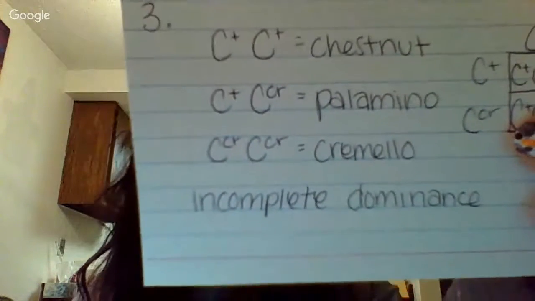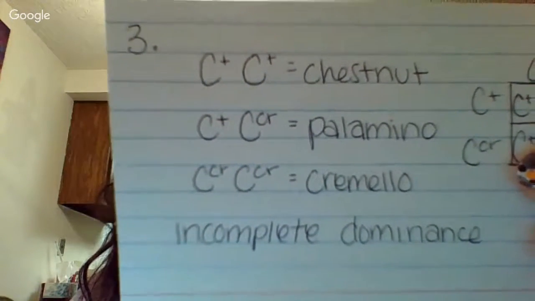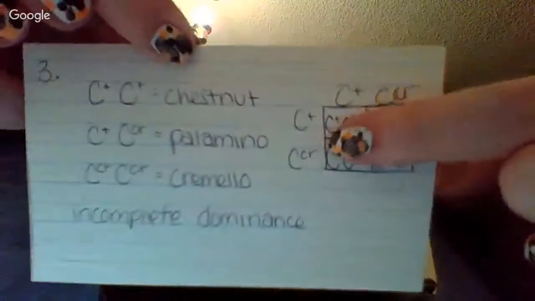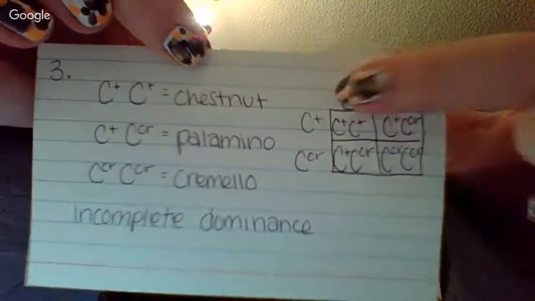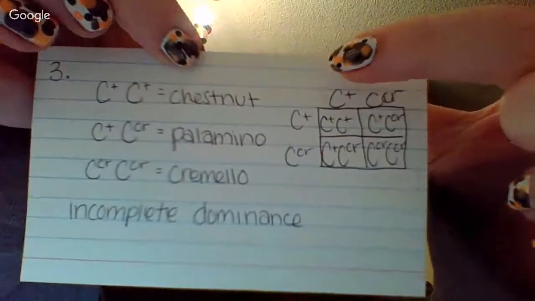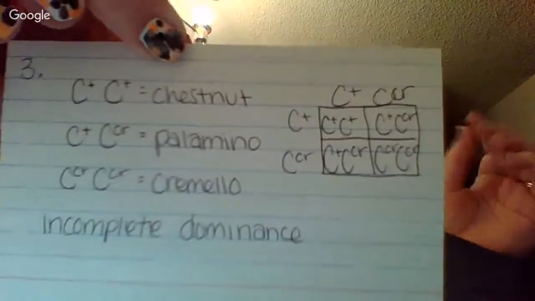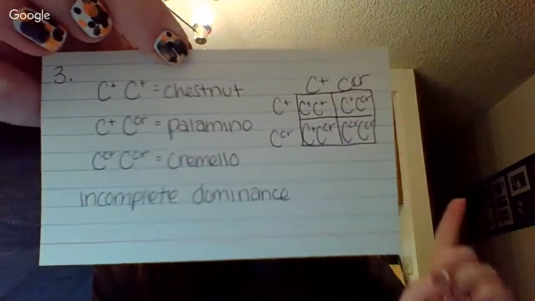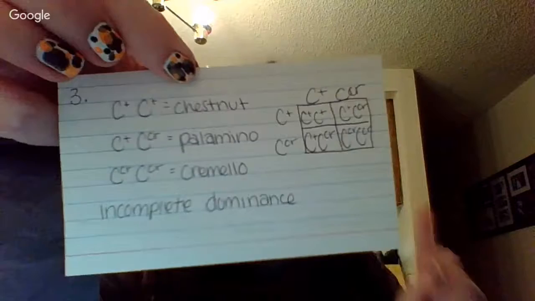So I found out that this has to be the genotypes of the different horses. And I found that out by doing this cross of 2 Palomino horses that have one of each of the chestnut as well as the cremello allele. And so I crossed 2 Palominos, and I got 2 Palominos, 1 chestnut, and 1 cremello out of it, which is the first scenario we were given. And so that answers question B as well.